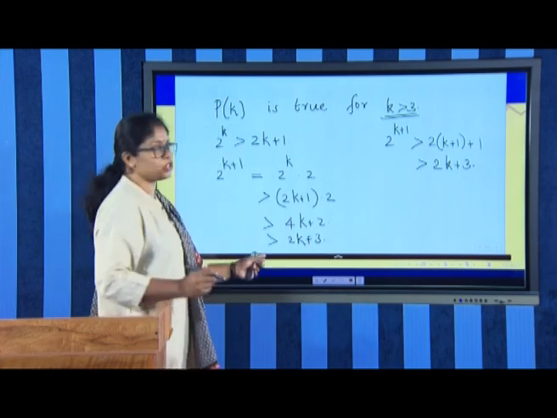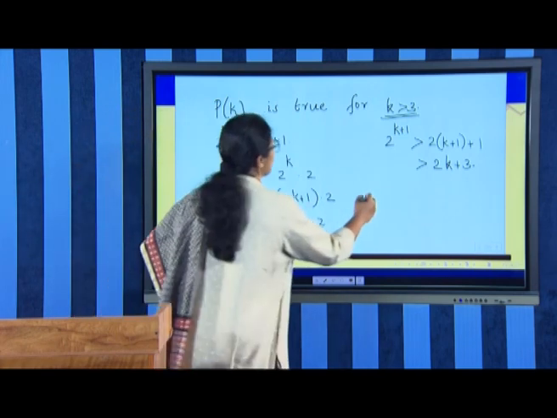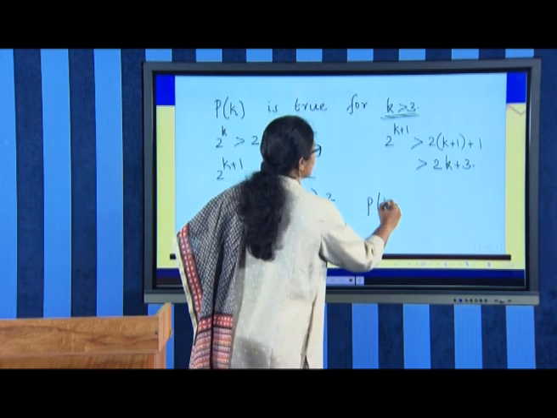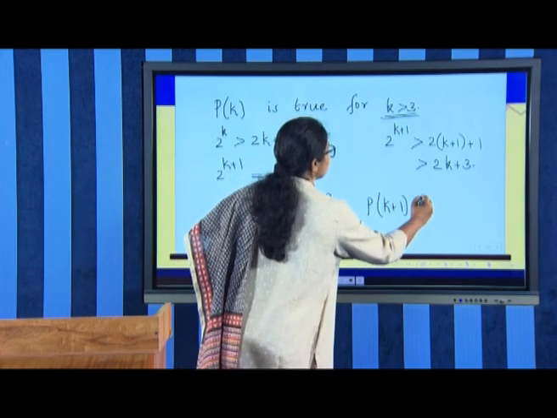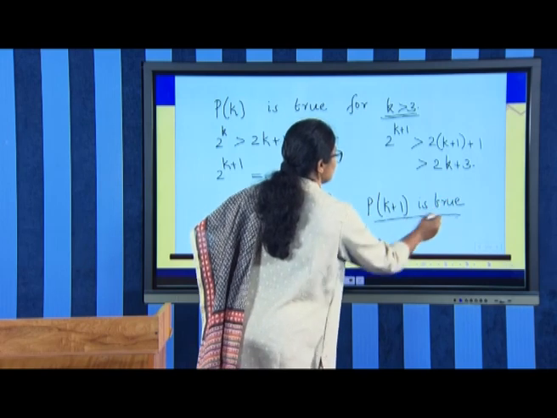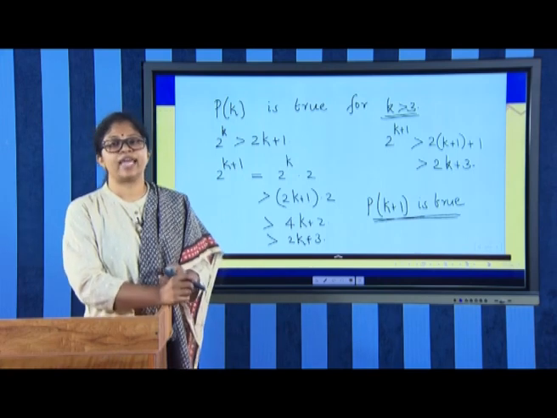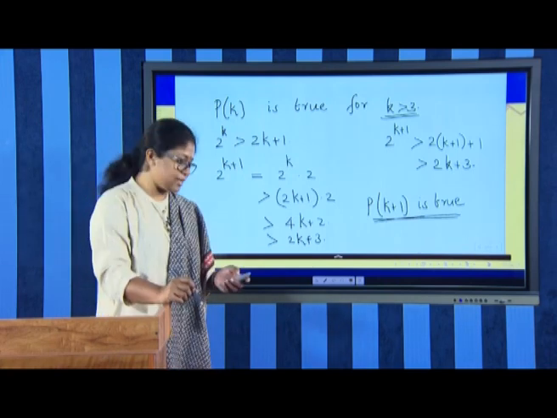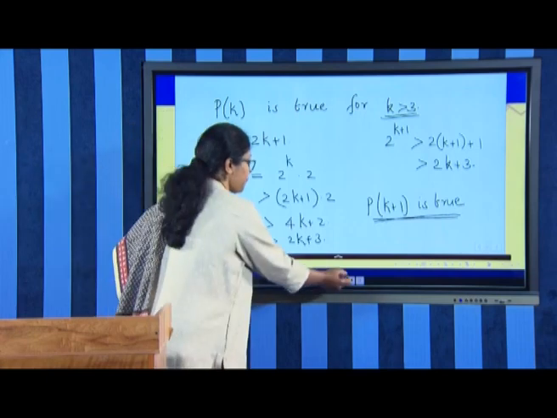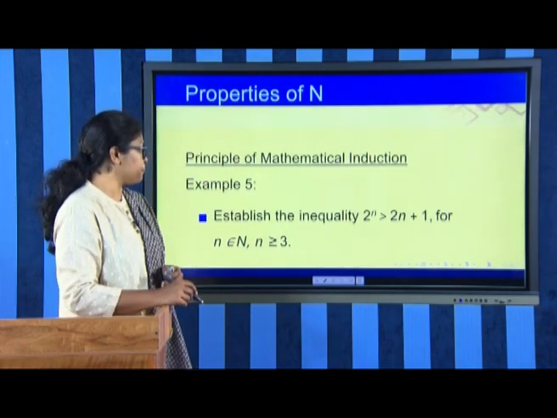There is no change in the inequality, and therefore, we have established that P of k plus 1 is true. Hence, P of n is true for every n greater than or equal to 3 is established. So, that is the solution of this problem.